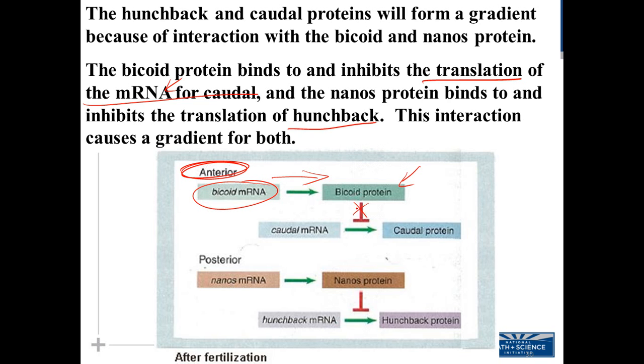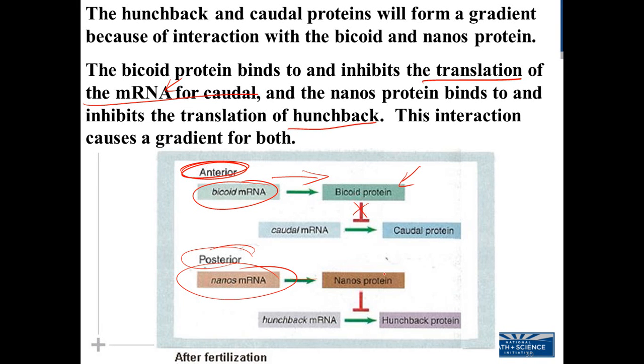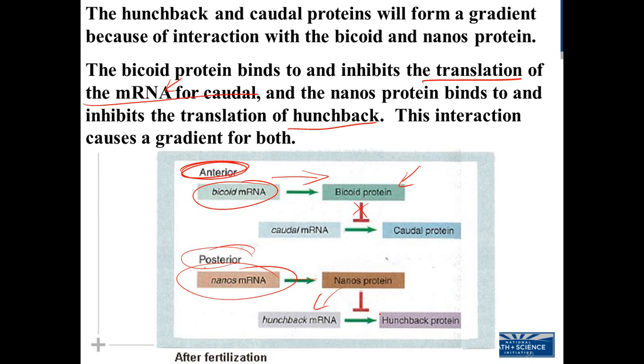Now, at the posterior end, remember we have a concentration of Nanos messenger RNA that produces Nanos proteins. The Nanos protein interacts with the hunchback messenger RNA and will prevent it from being translated. So you're not going to find hunchback protein at the posterior end. So those two proteins are responsible for the gradient found with caudal and hunchback.